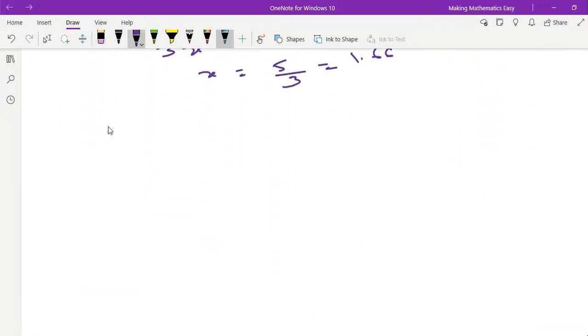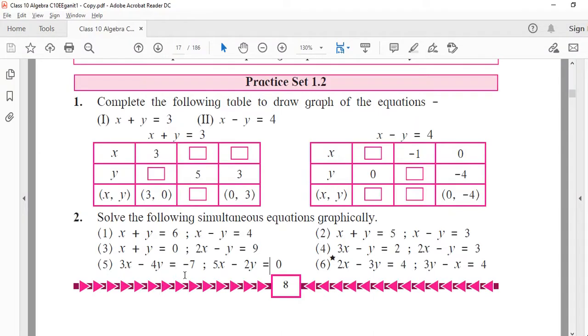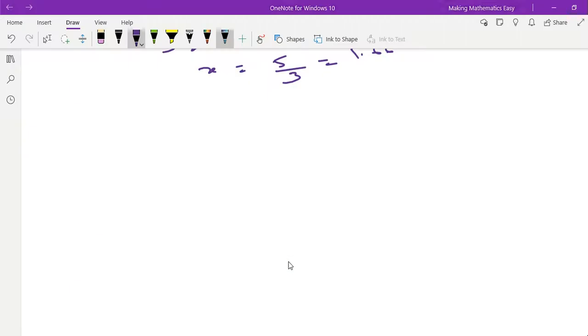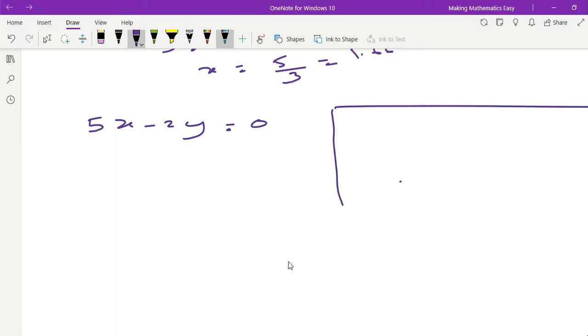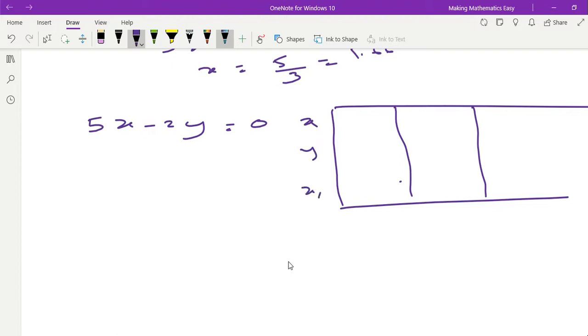Now we have to plot the table value for this equation: 5x minus 2y is equal to 0. I'm not writing x, y, x comma y. So let's take y as 1.